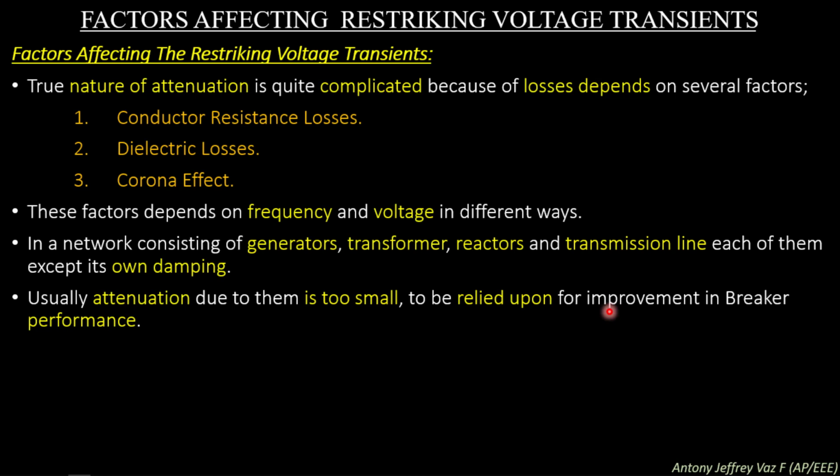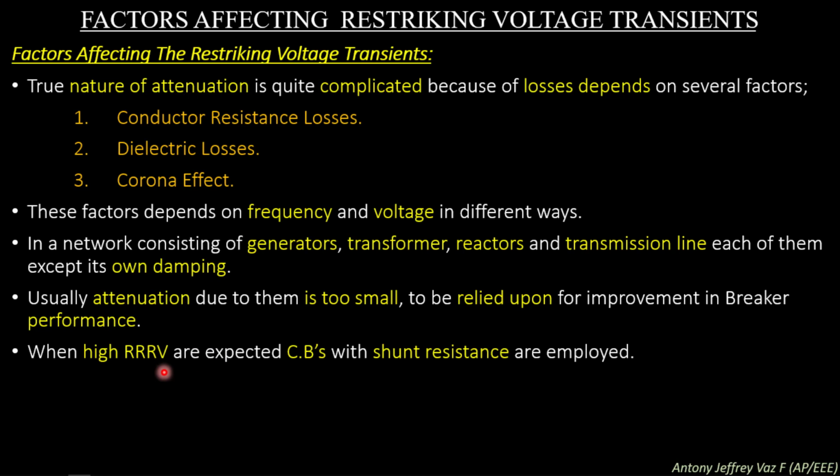The damping normally present in the system itself is in the form of generators, transformers, reactors and transmission lines. These are all the elements connected in the system, and they have their own damping effects, but these are too small and cannot be relied upon for the improvement in breaker performance.